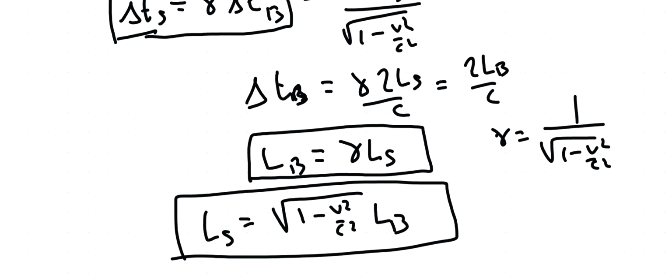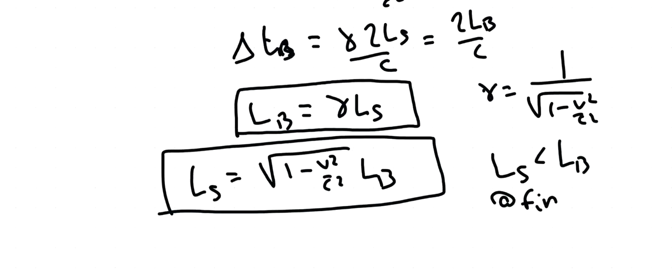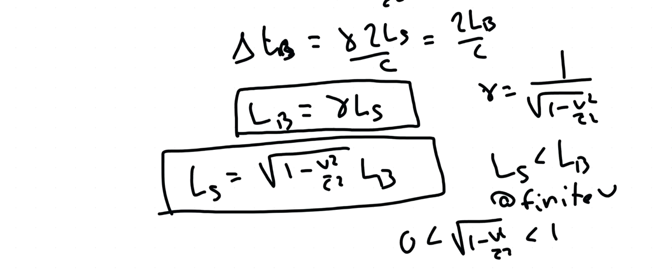So lb is some number, and it's multiplied by a number that is smaller than 1. So ls is going to be smaller than lb at finite v, because at finite v, the square root of 1 minus v squared over c squared is smaller than 1. It's somewhere between 0 and 1, okay?